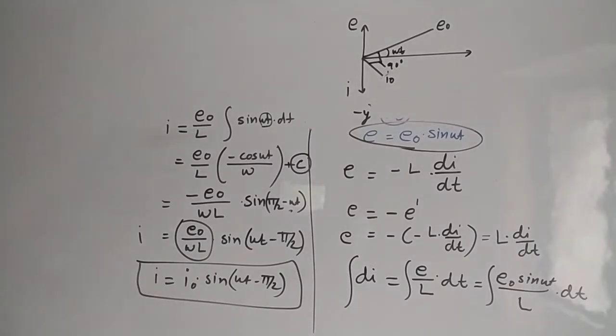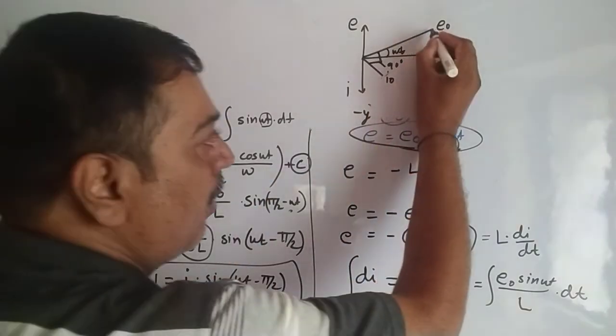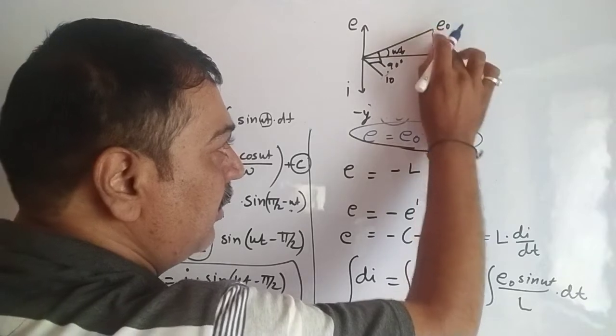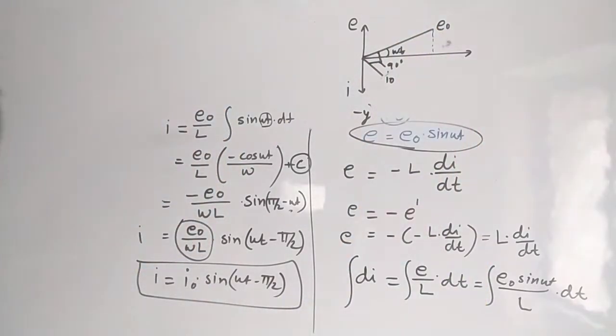Then in that case we can write the equations from this phasor diagram. If we draw a perpendicular to this, E equal to E0 sine omega t.